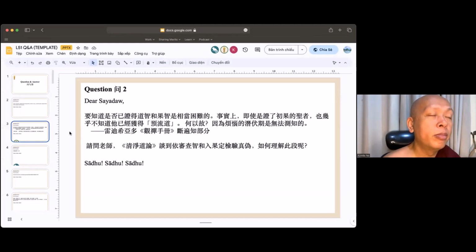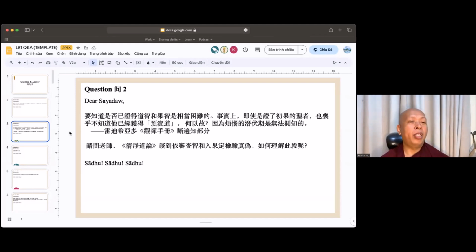In reality, a Sotapanna who has attained the Sotapatti Magga may not know he has already attained it. Why is it so? Because the latent defilement is very hard to predict. These are the words quoted from the Vipassana Dipani.